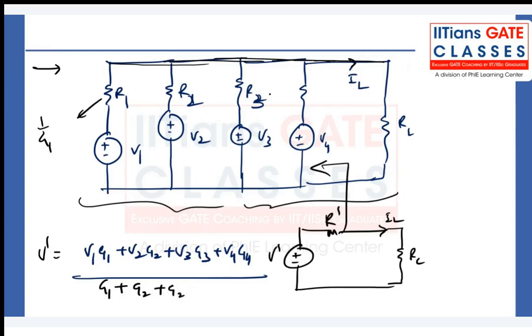So in one line, by inspection, you can determine V dash, and R dash also you can determine just by finding the conductances and adding them. These are the things which we will be using for rapid calculations.